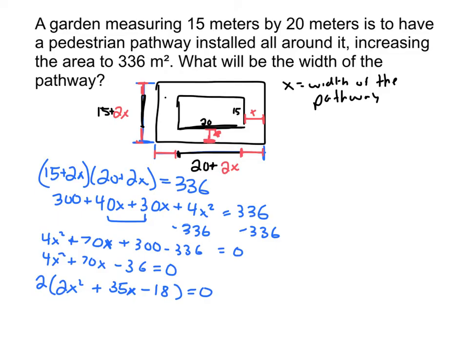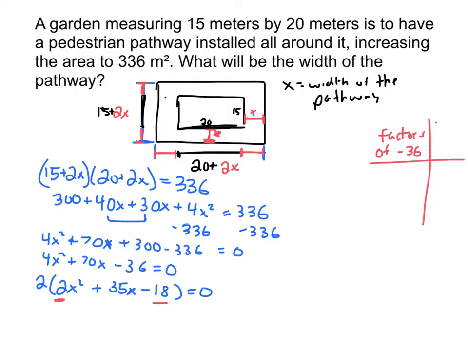Now I'm ready to do my factoring. I'm going to do my factoring table over here. Remember, I take the constant in front of the x squared and multiply that by the last number without the x. So that would be factors of 2 times negative 18, which is negative 36.